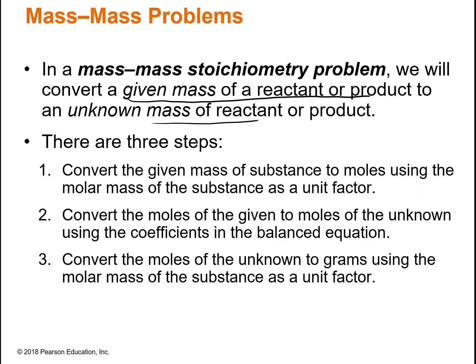The first step is to take the given mass, and let's put some realness on it. So A, B, and C are obviously not elements, but hopefully this will help you in terms of understanding the steps. So if we have this reaction, A plus B yields C, and we know that we have, let's say, 5 grams of A, and we want to know how many grams of C we'll make.